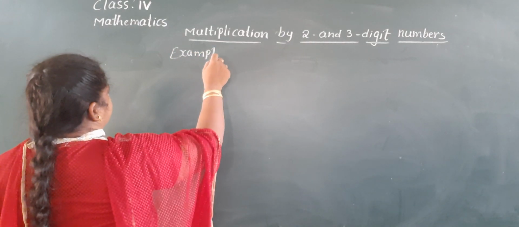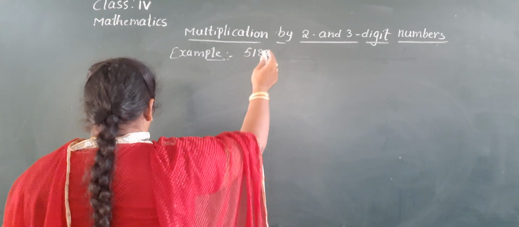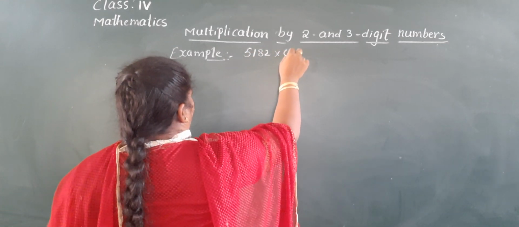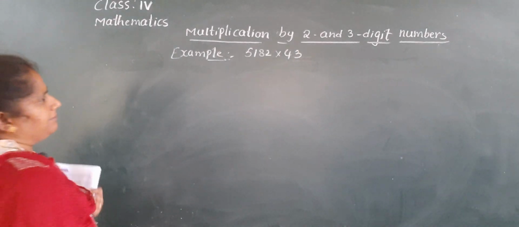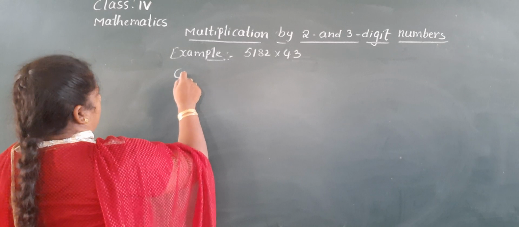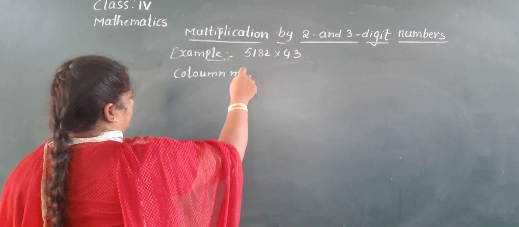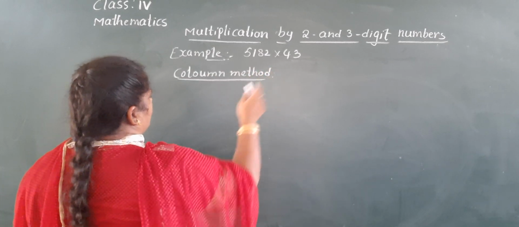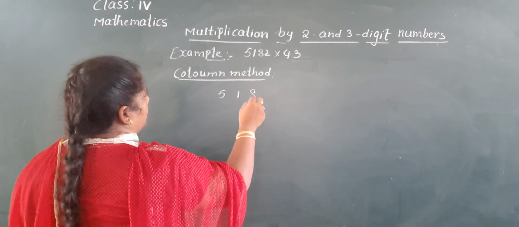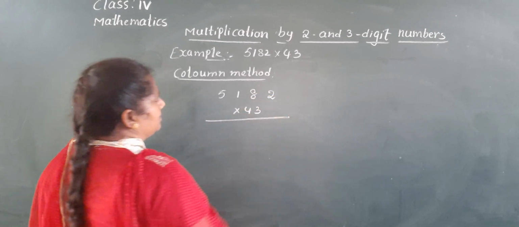Example: 5182 into 43. Okay, Nana? First method, the column method, I will explain first. So first you have to arrange the numbers by giving some gap between the digits.